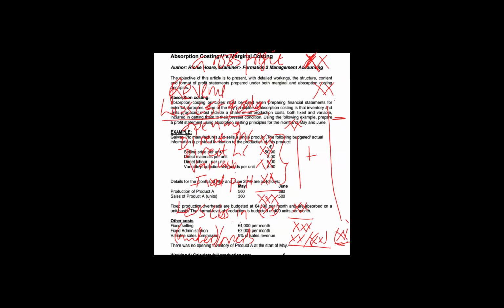So maybe just when we are still on this point where we are finding under absorption and over absorption, let me make this point. We will show you how to calculate this under absorption or over absorption, or how to ascertain whether this is under absorption or over absorption.